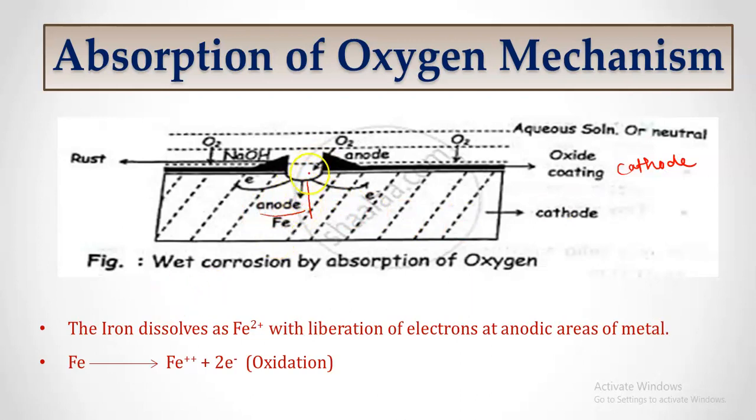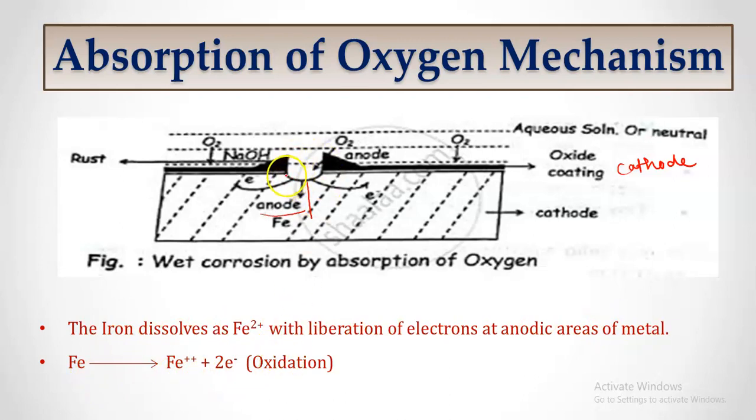Now see here, the iron dissolves. The anode dissolves, of what? Of iron. So with liberation of electrons at the anodic areas of the metal, Fe gives Fe++ plus 2 electrons. That is the oxidation.